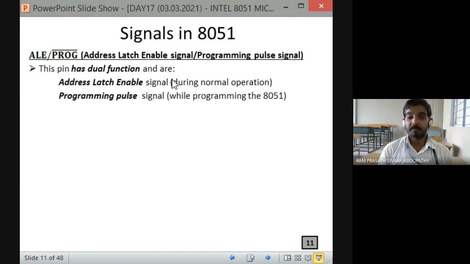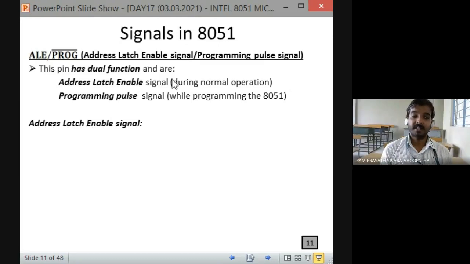To provide the programming pulse, we need another pin. Correct? Yes. So for that, we use VPP and PROG bar. Yes. Is it clear to everyone? If you are going to program the 8051, we use these two pins: the programming voltage pin and the programming pulse signal. Fine. At other times, they are used as the external access enable signal and ALE. Fine. That's why we say dual functions are available.